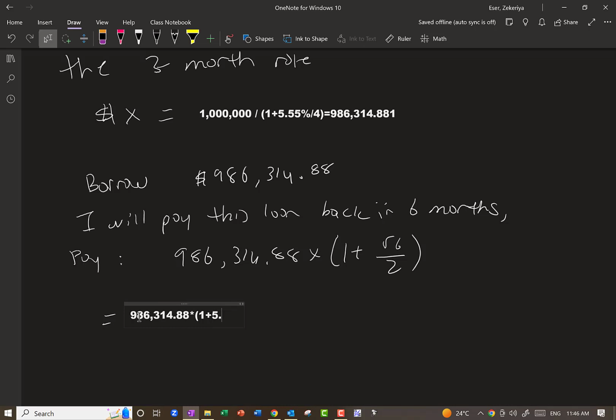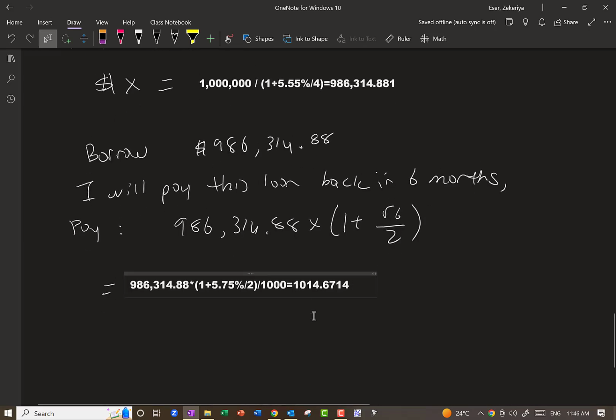So I'm going to pay 1,014,671 and 40 cents. So basically, the 3-month cost of doing it this way is 14,671.40.